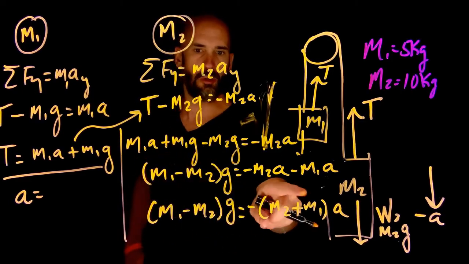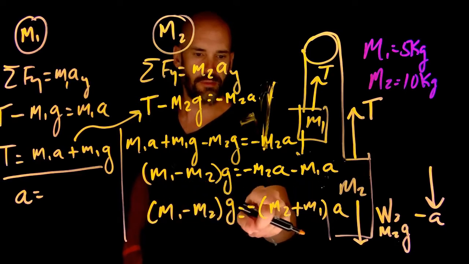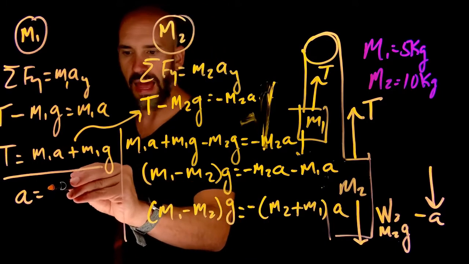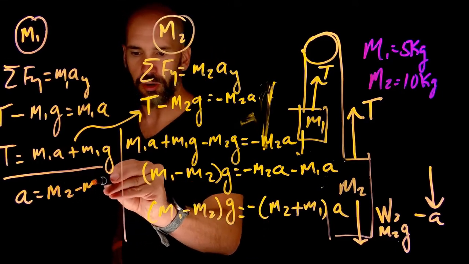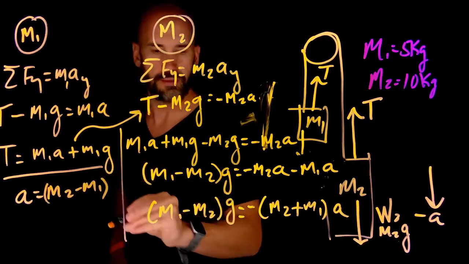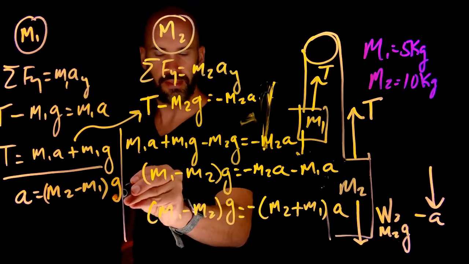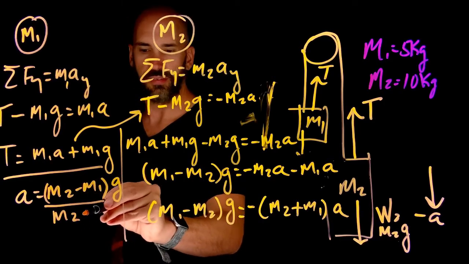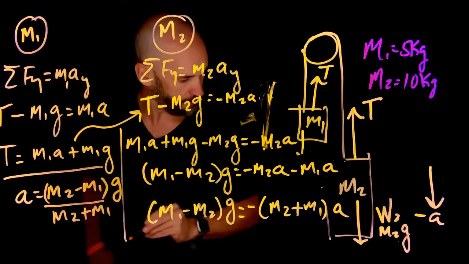If you want to slow down, I'm skipping steps for speed's sake. But that minus sign really just makes this M2 minus M1, times G still, divided by M2 plus M1.